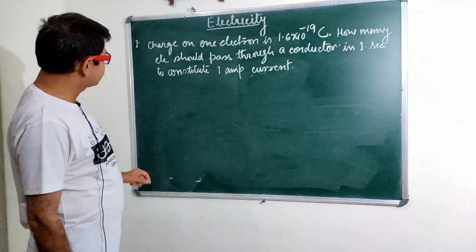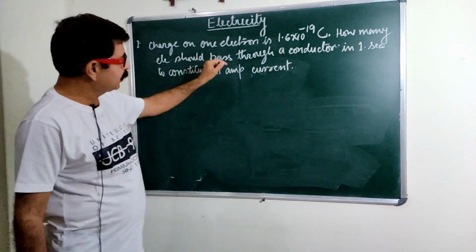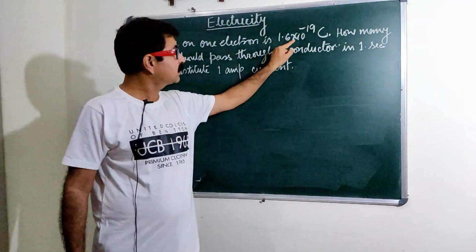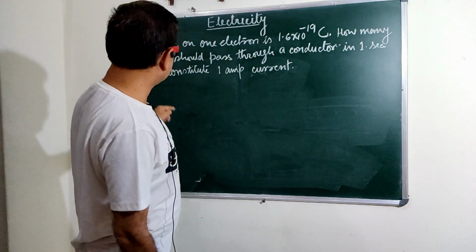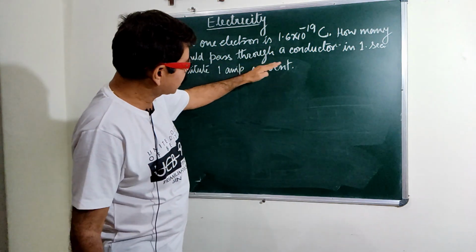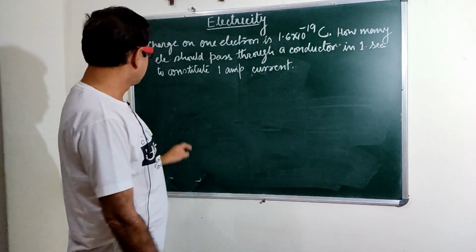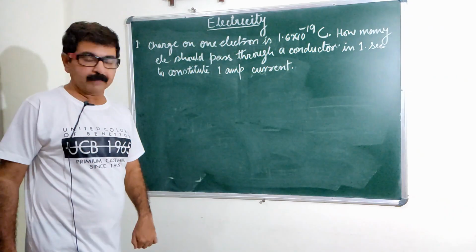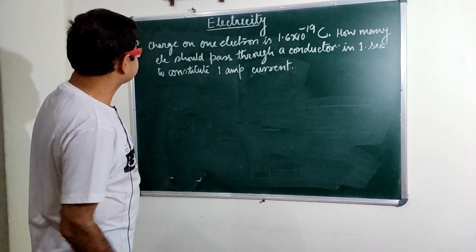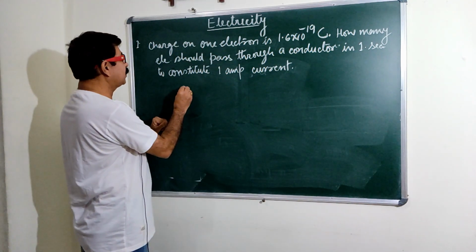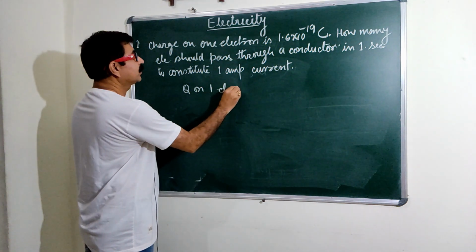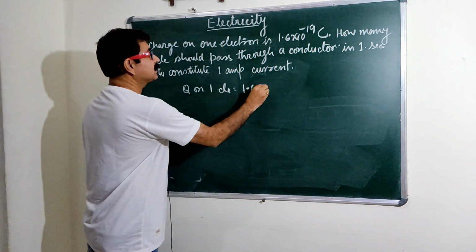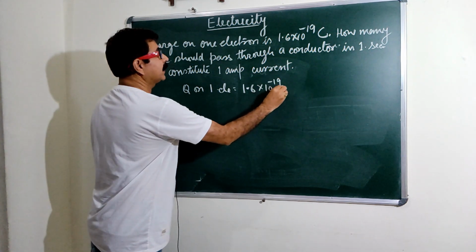So our first numerical is: charge on one electron is 1.6 into 10 to the power of minus 19 coulomb, and how many electrons should pass through a conductor in 1 second to constitute 1 ampere current? First we have to find out what is given here. Given: charge Q on 1 electron is 1.6 into 10 to the power minus 19 coulomb.